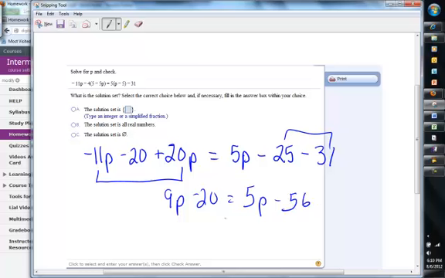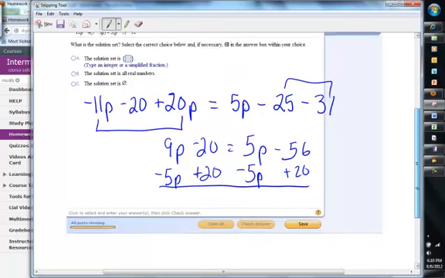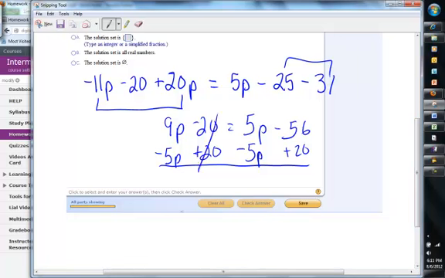Add 20 to each side and subtract 5p from each side, and we get, the 20s cancel, 4p equals negative 36. Divide both sides by 4, and we get p is negative 9.